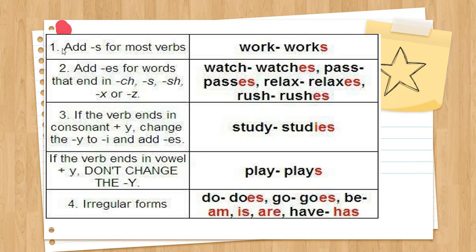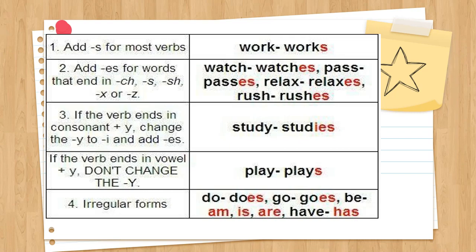Okay. The rule number 1 says add S for most verbs. Okay? If you are using the pronouns he, she, or it, then you need to add an S to the verb. Alright? Number 2, add ES for words that end in CH, S, SH, X, or Z. Okay, remember, these rules need to be applied if you are using the pronouns he, she, or it.